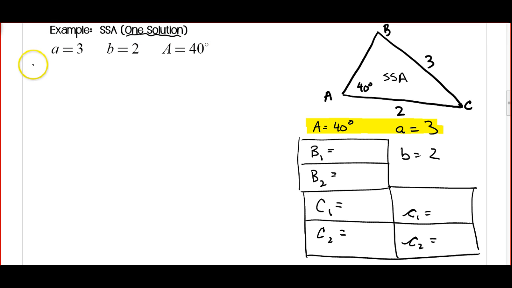So again, I talked about using the form of law of sines where what you're trying to find is in the numerator. It just makes the calculations a little bit easier and quicker. So I've got sine of B1 over side B, which is 2, is equal to sine of 40 over 3.